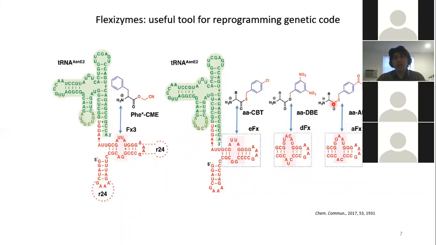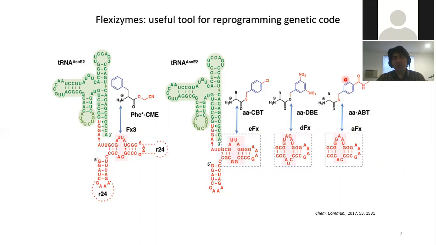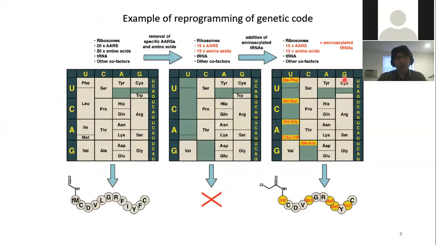You can incorporate different non-proteogenic substrates. You can also incorporate fluorophores, which are very important in recognizing a particular protein or peptide if you're doing some assay with it in the future. So these are very important.